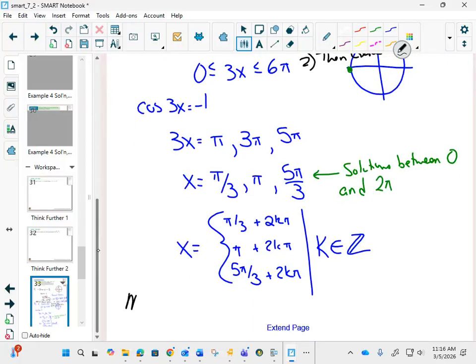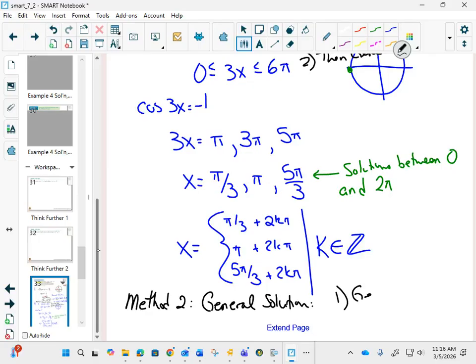Method 2 for the general solution. So when a multi-revolution question asks you to find the general solution, you have these two methods.